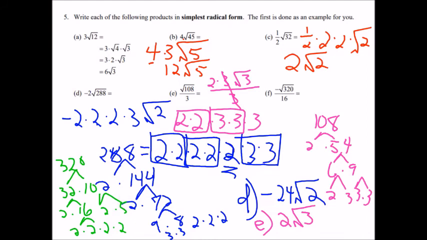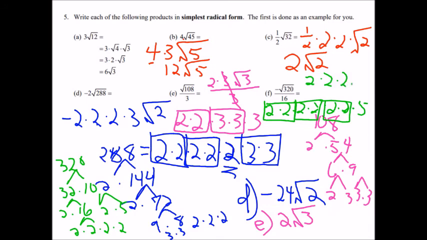So 320 is 1, 2, 3, 4, 5, 6 2's and a 5. So we can bring out 1, 2, 3 2's. 2 times 2 times 2, radical 5. And then again, negative that, all over 16.